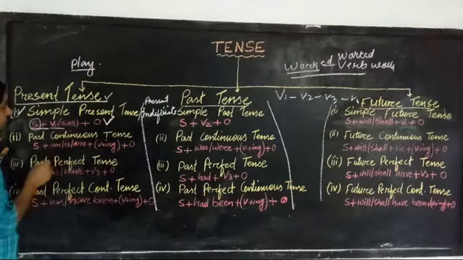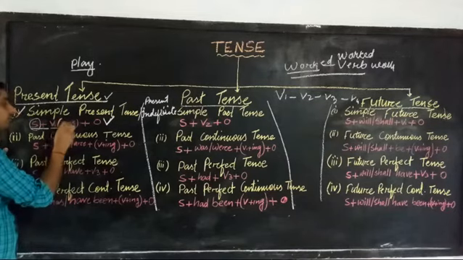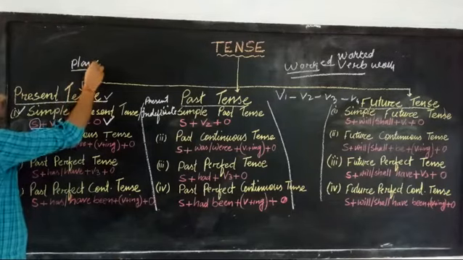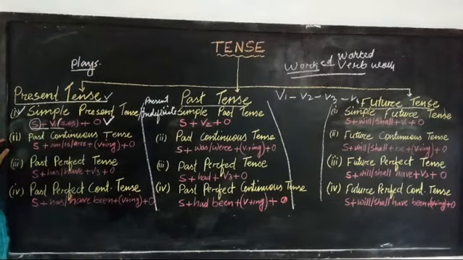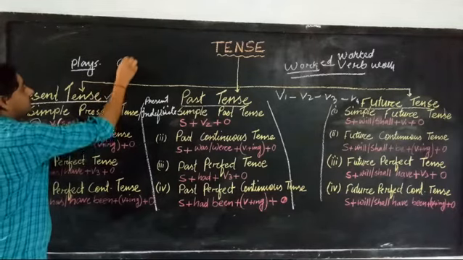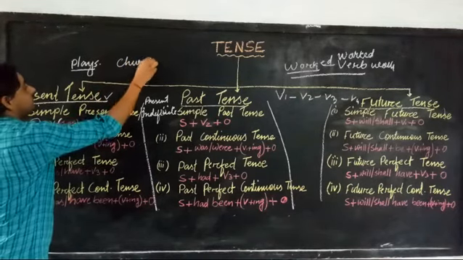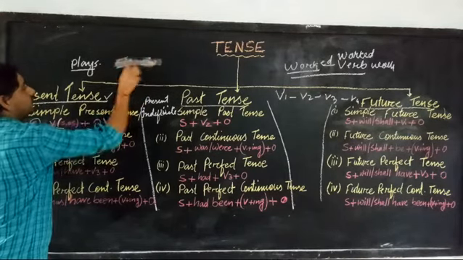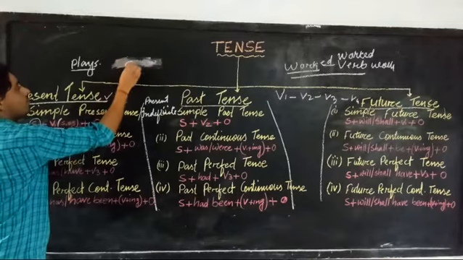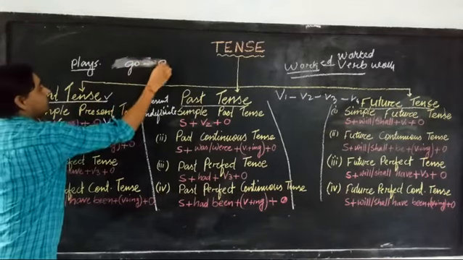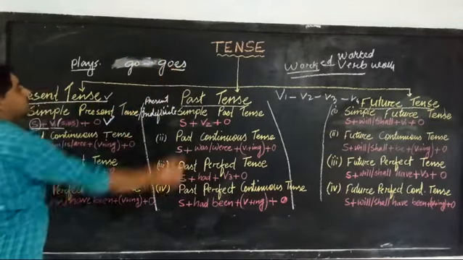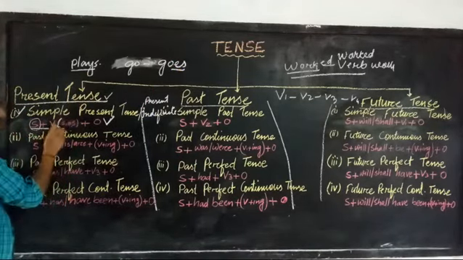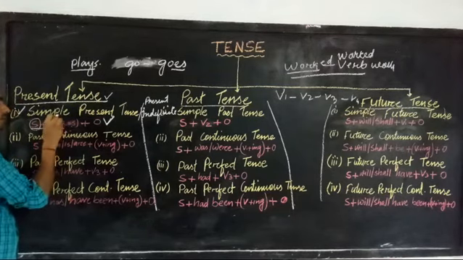In simple present tense, we use s or es: play becomes plays, and go becomes goes. So in V1 we will have s or es.